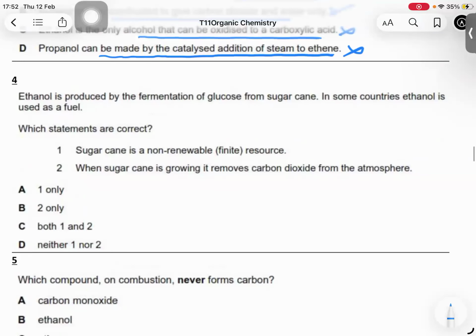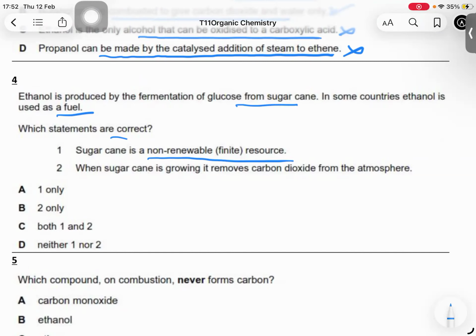Ethanol is produced by the fermentation of glucose from sugar cane. In some countries, ethanol is used as a fuel. Which statement is correct? Sugar cane is a non-renewable energy source. Sugar cane is ganna. You understand ganna?